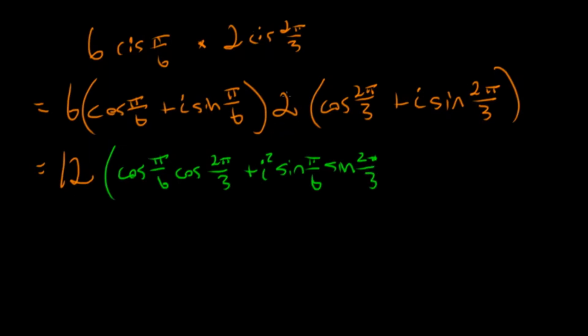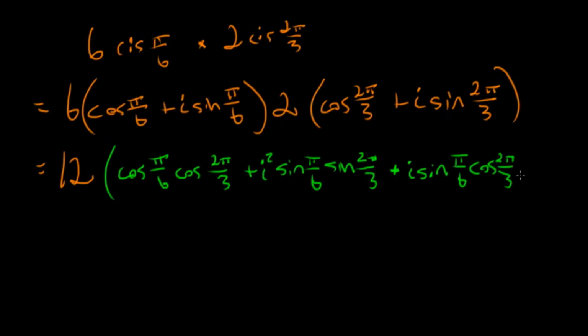And then we have the two fully imaginary parts. So we have plus I sine pi over 6 times cosine 2 pi over 3. That's just this and this being multiplied.